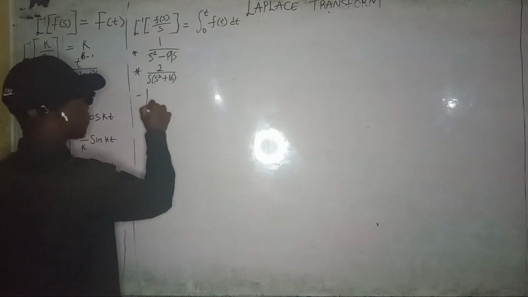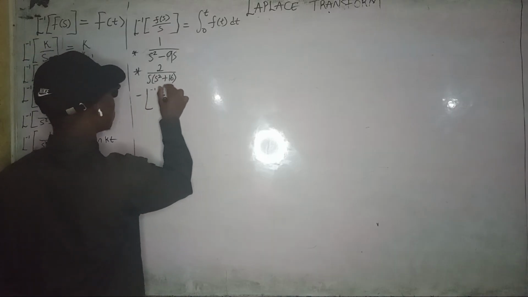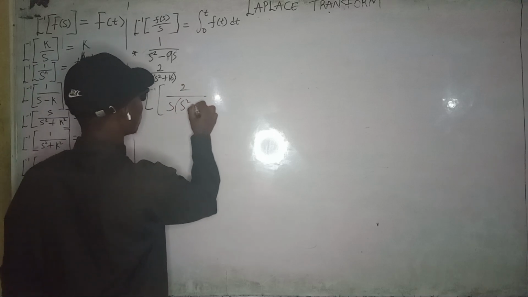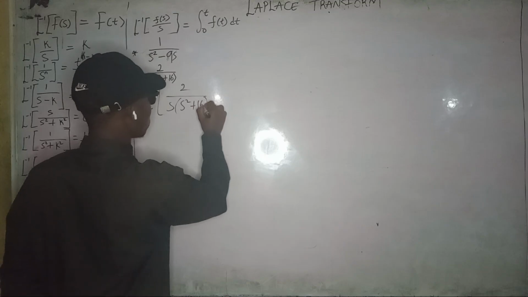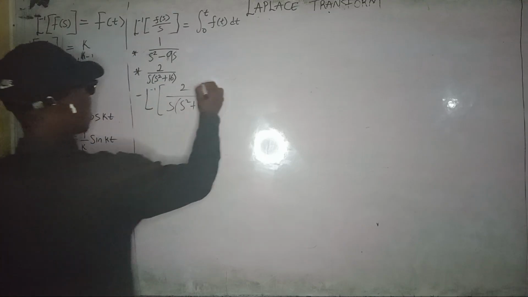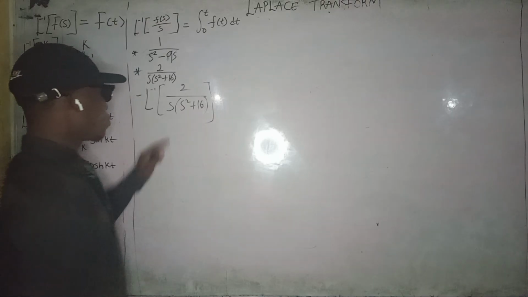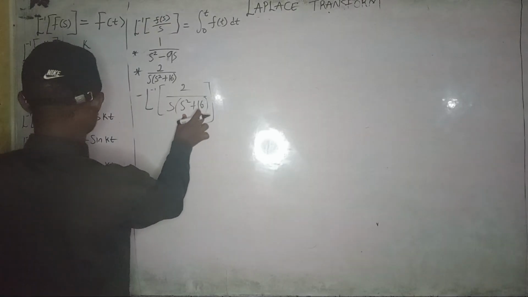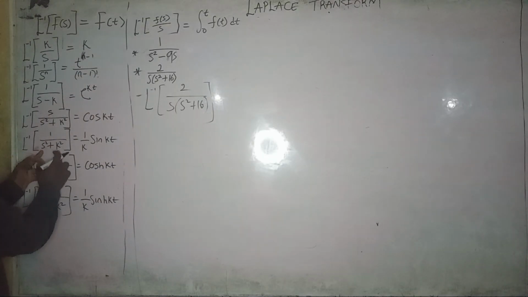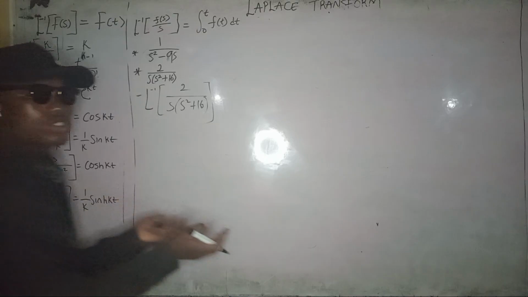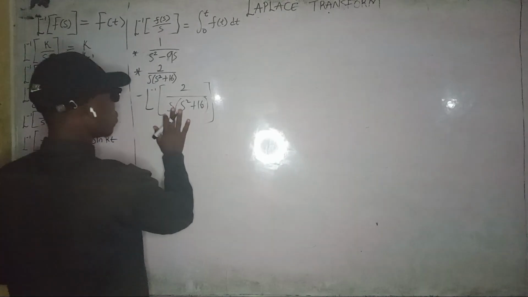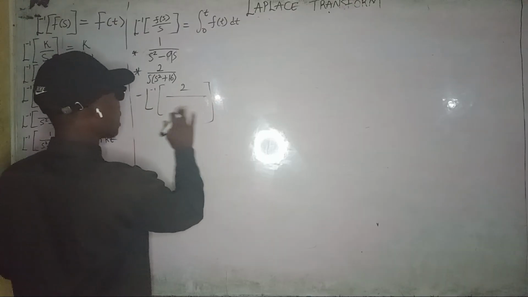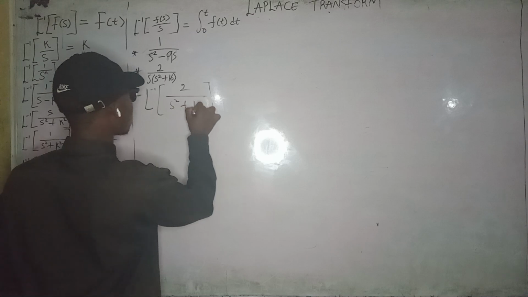So first of all, we have our inverse Laplace transform of 2 over s open bracket s squared plus 16, close the bracket. So now this would have been better if we only had s squared plus 16, then we are going to be having something like this, which would be good, right? So let us ignore the s that is in the denominator here, so that we are only going to be having s squared plus 16.